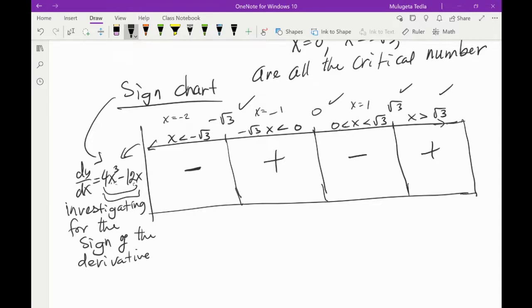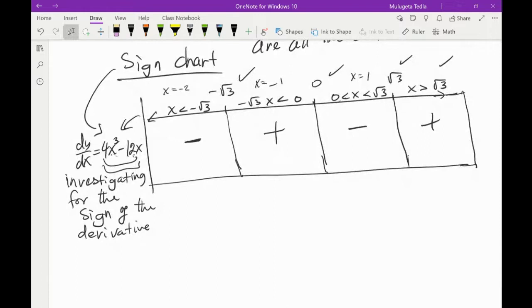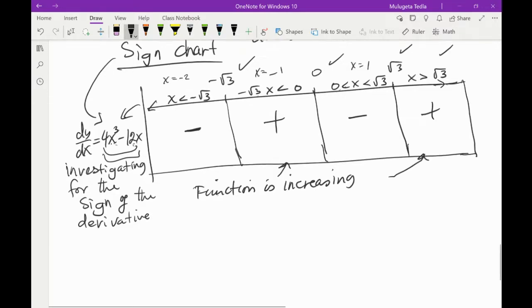Based on this chart, you will determine where the function is increasing. The function is increasing when there is a positive derivative sign.